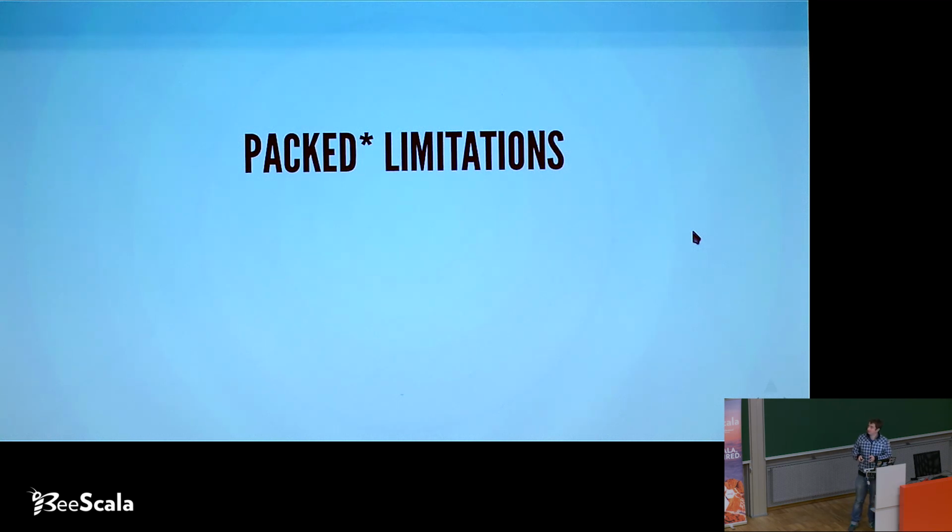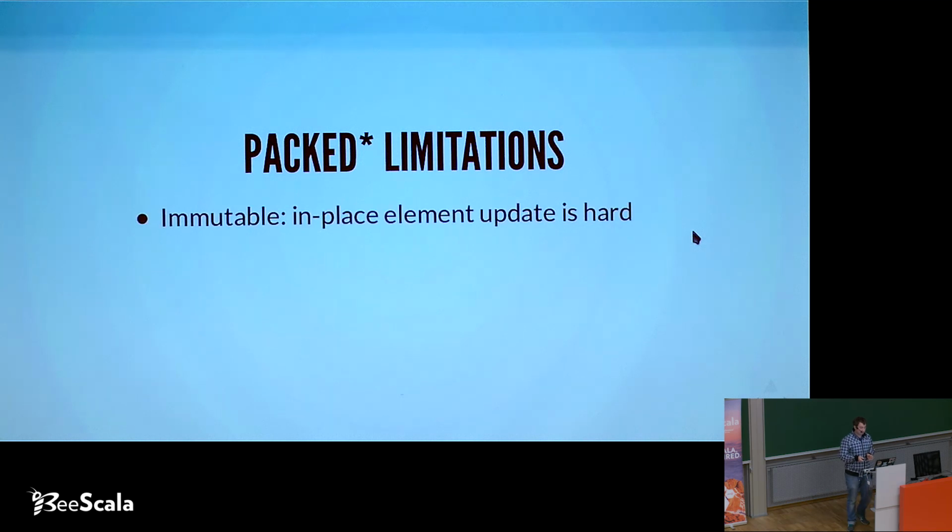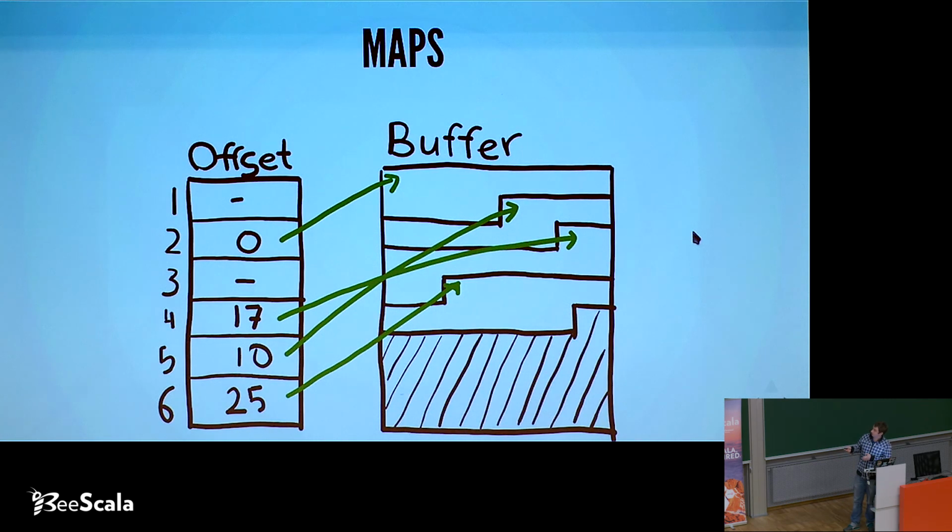All these collections still have some limitations, a lot of them, but they are working somehow. The first problem is that they are mostly immutable. If you have a finalized map and you are going to change an element inside it, it will be really problematic. If the new element fits in the space, that's possible.